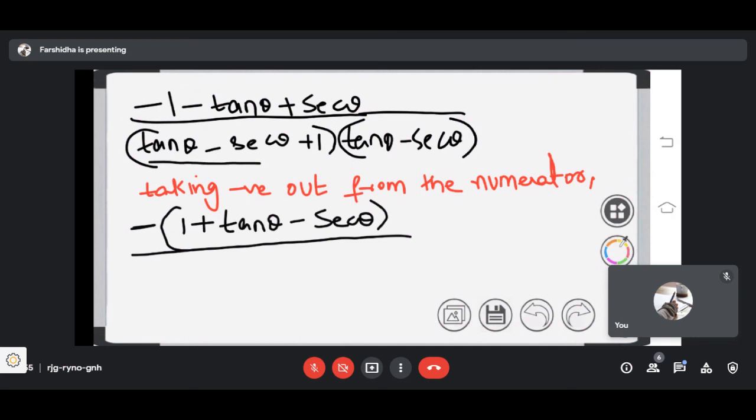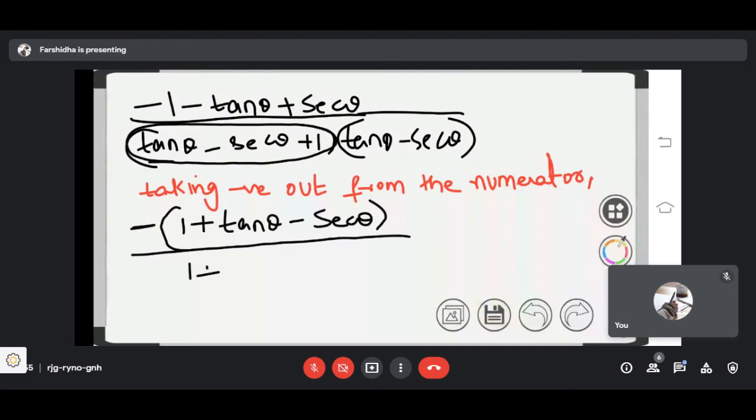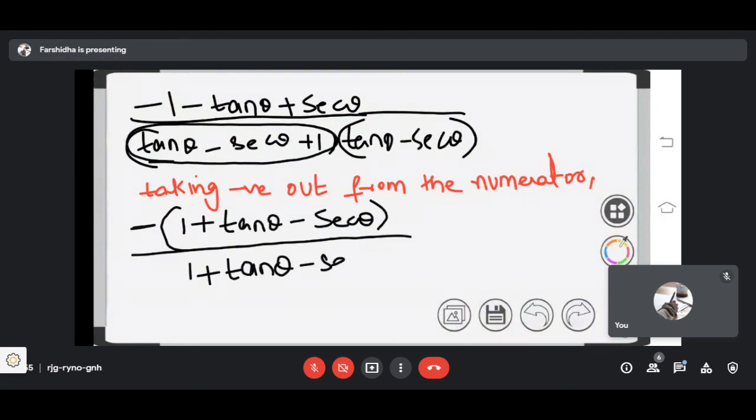See, here I can rearrange it. Tan theta minus sec theta plus 1, I can write as 1 plus tan theta minus sec theta. Simply rearranging, I'm not changing the sign.